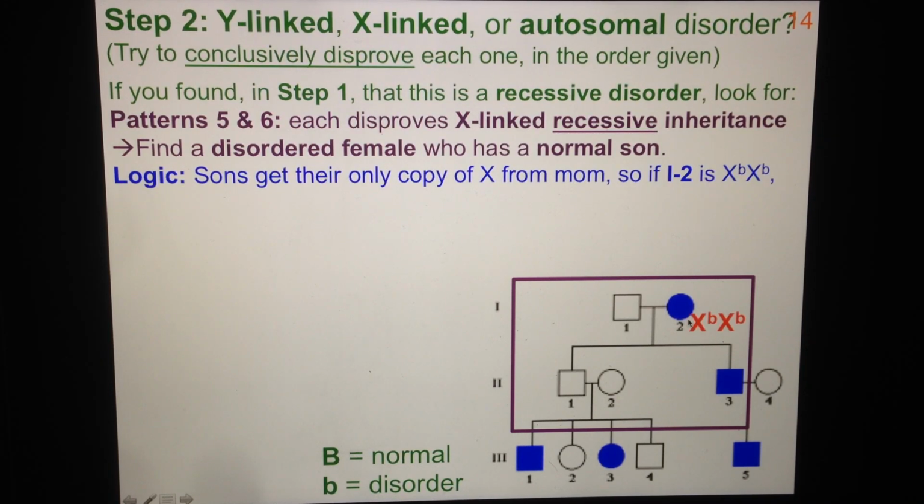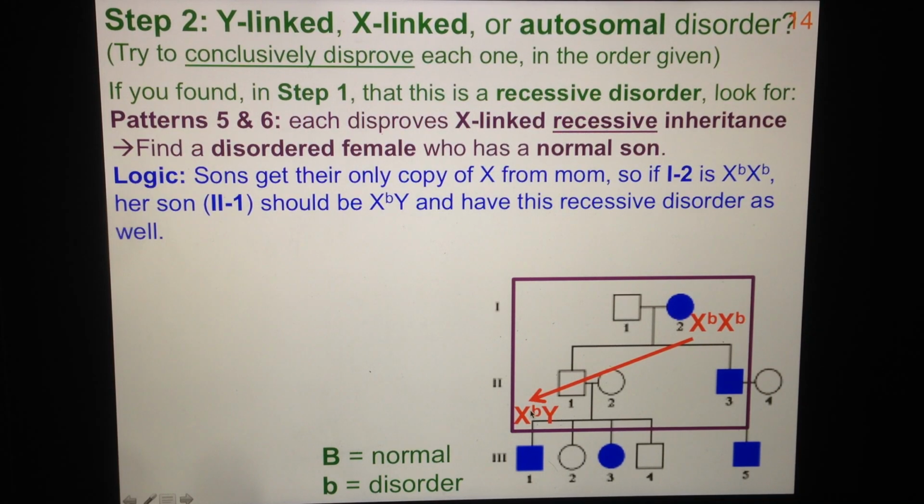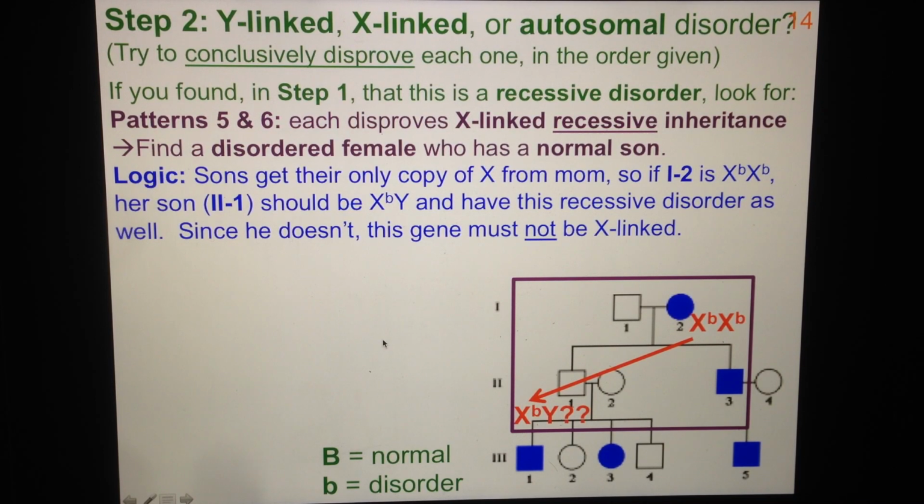This mom here, generation 1, person number 2, has the disorder, so she must have 2 copies of the recessive disorder allele. That means that when she has a son, she must give one of those to the son. If the son has just one bad copy of the allele, then he should really be disordered as well. But since he's normal, the situation doesn't make sense. This can't be an X-linked gene if mom didn't give a bad copy to the son and make him disordered right away.